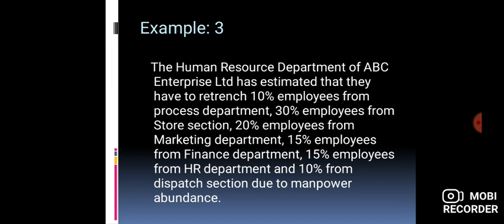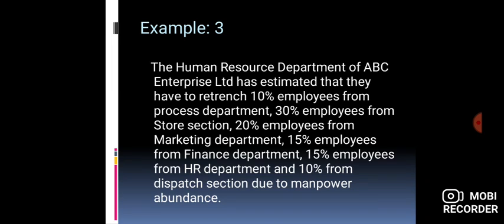What is this passage all about? Due to excess manpower, ABC Enterprise Limited has decided to reduce the strength of manpower in different percentages: 10% from process department, 30% from store, 20% from marketing, 15% from finance, 15% from HR, and 10% from dispatch section.